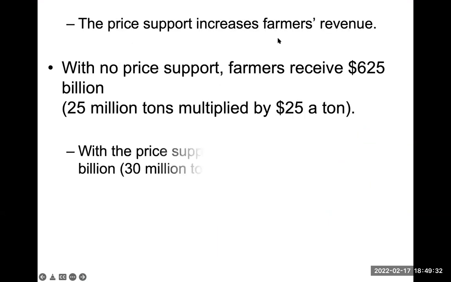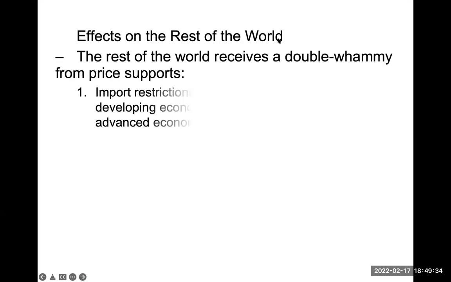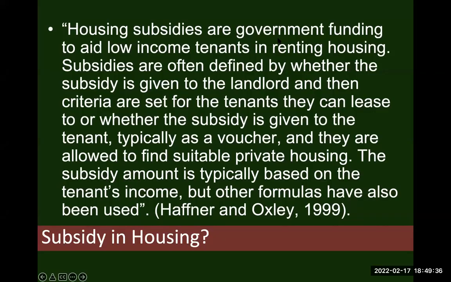So we have introduced agriculture as an example of the effects. And then if we get back to the topic of housing subsidy, housing subsidies are considered government funding to aid lower income tenants in renting housing.